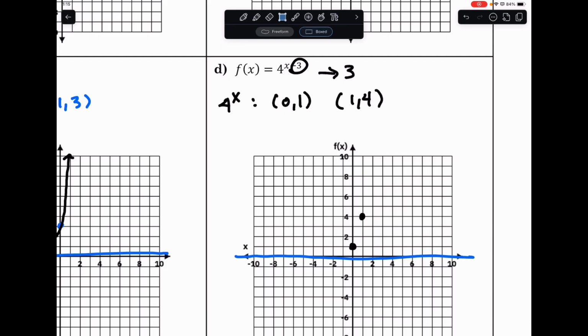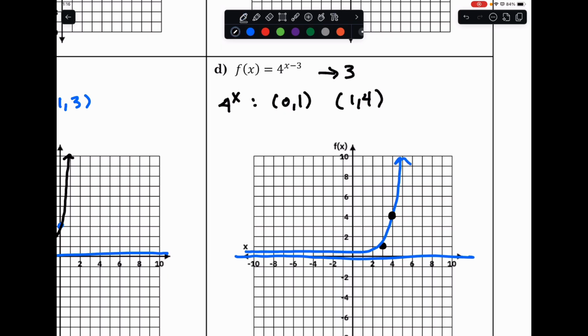So this graph F is going to translate these points here. It's going to translate this graph to the right 3 units. So if I grab these points here and simply move them 1, 2, and then 3, that's going to put them right there. So the graph will look like this.